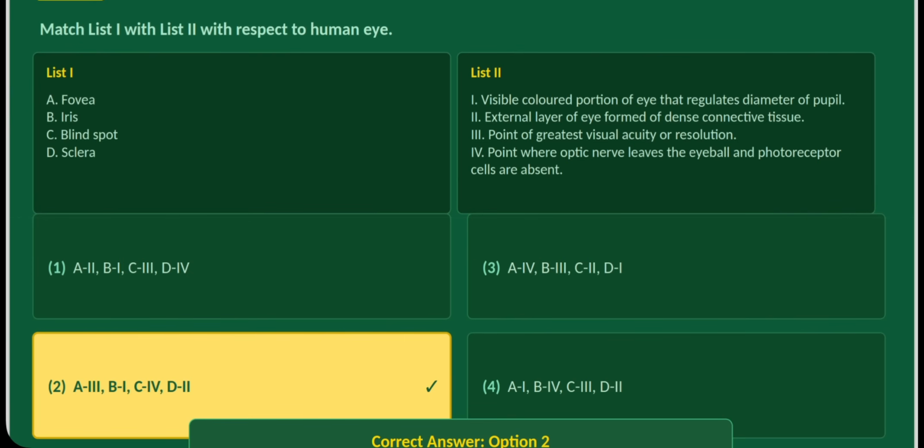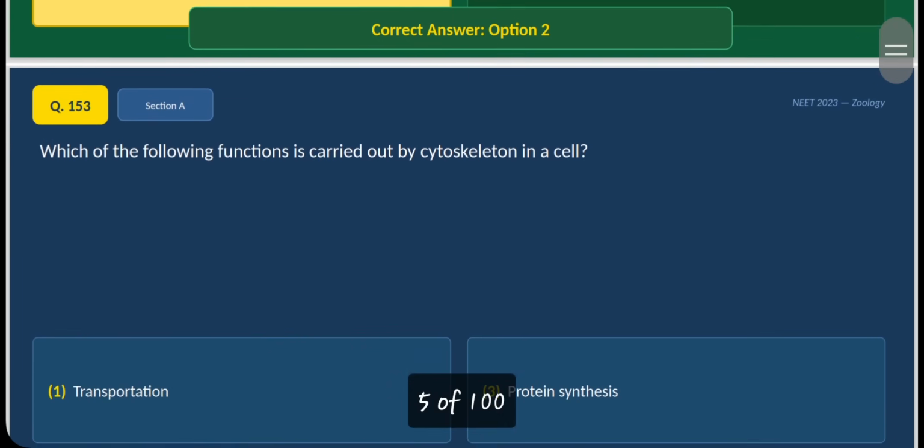Blind spot is the fourth option, the point where the optic nerve leaves the eyeball and photoreceptor cells are absent, so that you can notice in the blind spot. So C is 4. D is 2, the sclera is the external layer of the eye formed of dense connective tissue. These are the options you have to match in column 1 and column 2. Second one is the correct option.